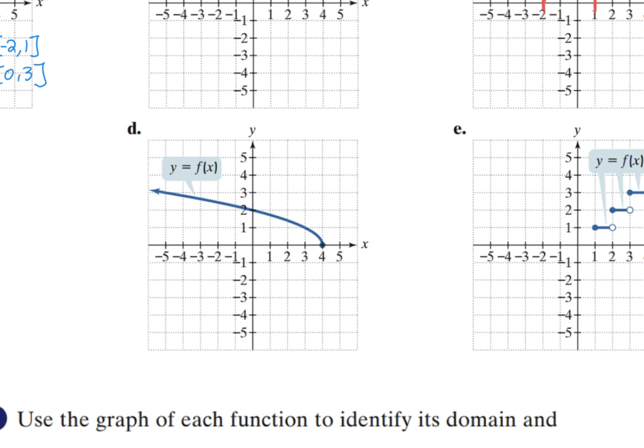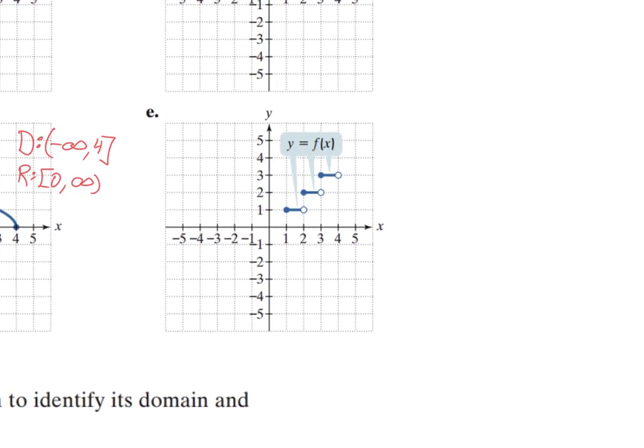Let's see, D, this has an arrow, it's continuing on forever, so the domain is parentheses -infinity. We always use parentheses with infinity to 4 with a bracket. And the range looks like 0 to +infinity. That's going to keep going up, not that drastically, but it'll keep increasing to infinity.